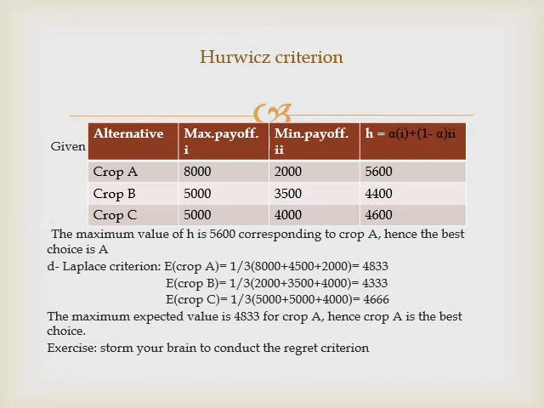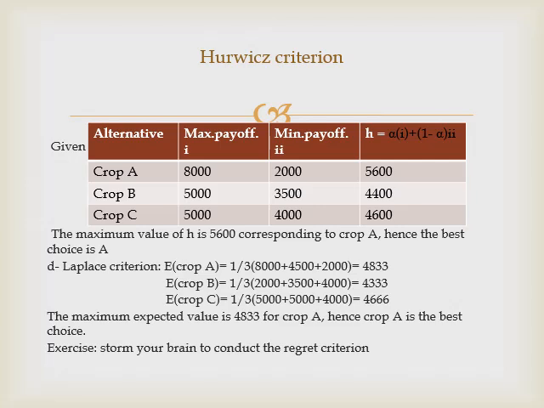For A, it is 8,000, 4,500 and 2,000. Three states: high rainfall, medium rainfall and low rainfall. Please don't focus on the given table. Return back to the first table.